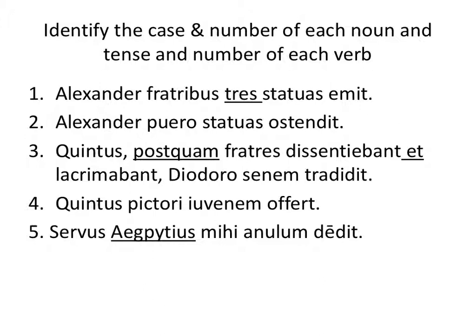Okay, so Alexander is going to be my nominative singular, and that's because it ends in an R. Fratribus, the IBUS, is going to be dative plural, and then statuas with that AS is going to be accusative plural. And then Emmett with that T is going to be present singular.